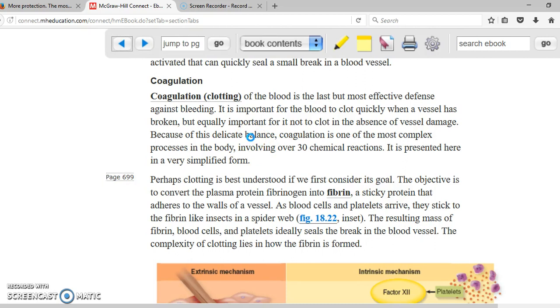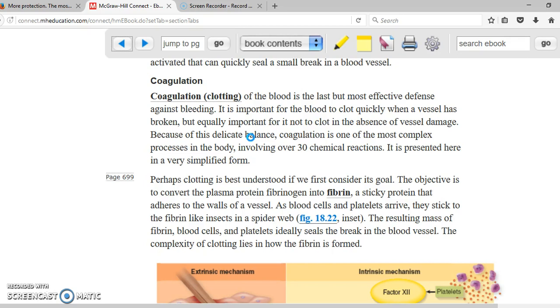Coagulation is achieved because in your blood, you have some chemicals called coagulating factors. These coagulating factors get activated 2 ways. One way is the intrinsic mechanism, and the other one is the extrinsic mechanism. It's called intrinsic mechanism because it uses the clotting factors available in your blood.